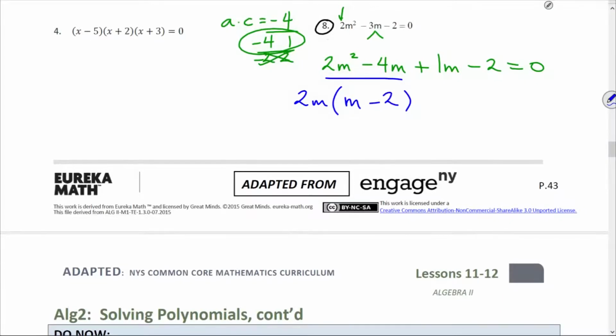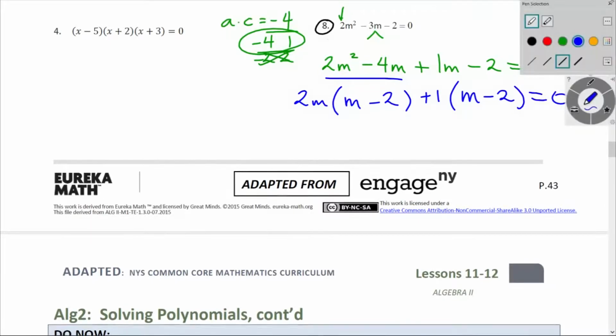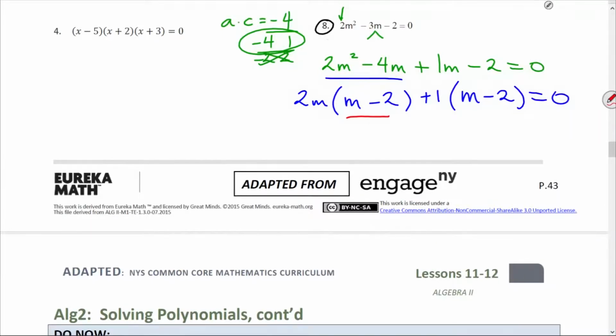Okay, this has no GCF, so I'll do plus 1 because I get the same m minus 2 that I want. And these two, m minus 2, should be the same in both of them. And then I factor out this common factor out of both of these terms, and I get m minus 2, and I get 2m plus 1 equals 0 left.